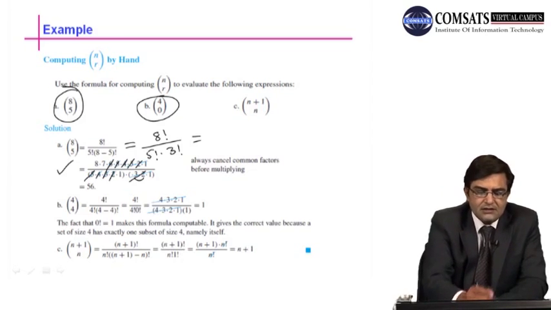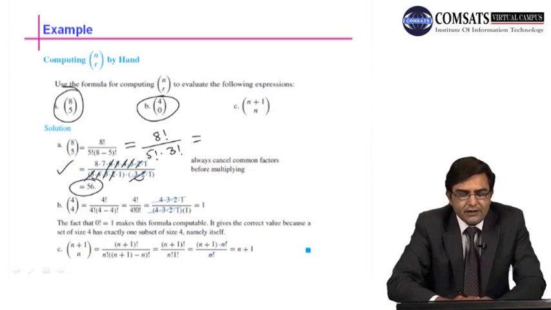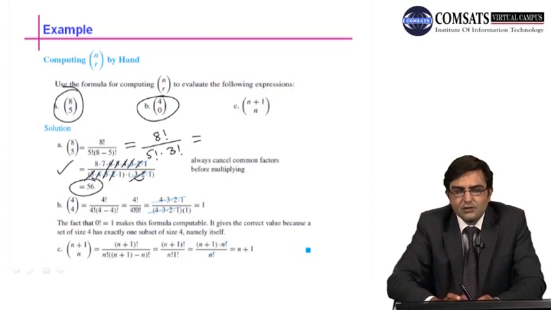So we get the answer 56. What does it mean? If we are given a set of 8 elements, then we can make 56 subsets of this set with 5 elements.